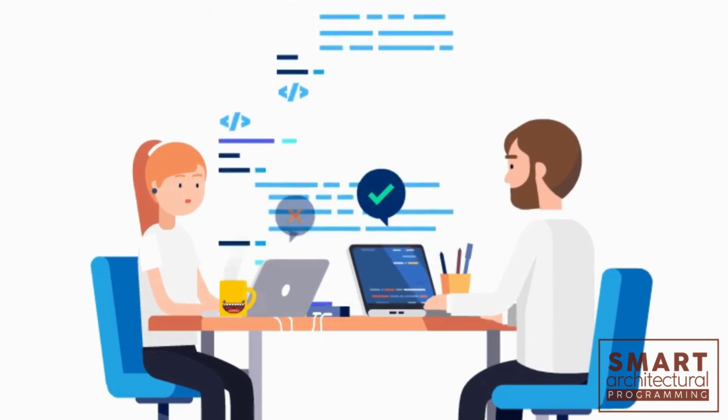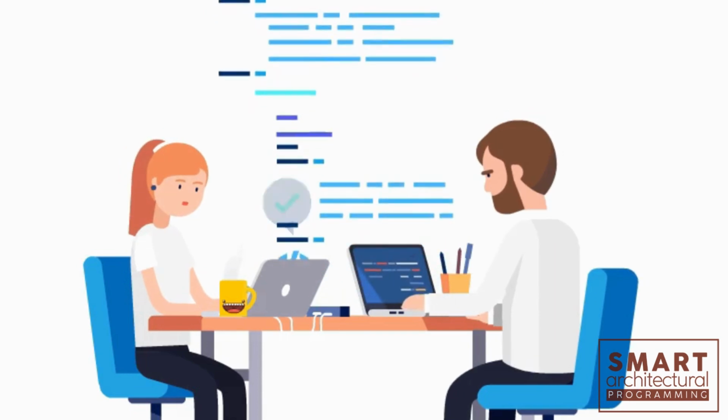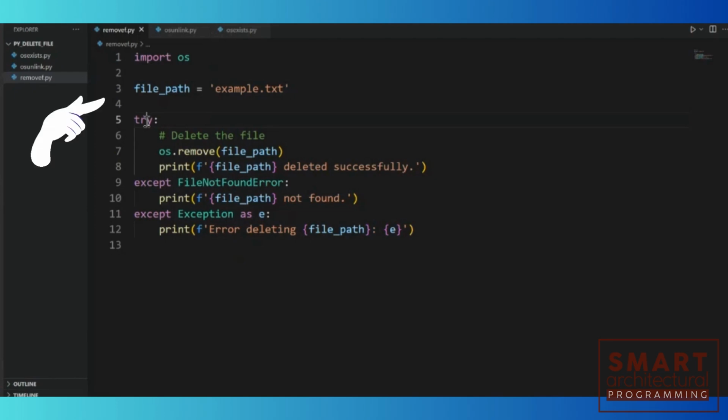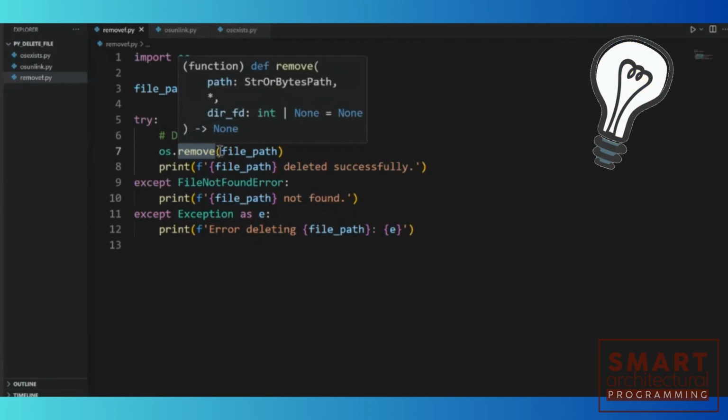But now, because we have a try and except block, it will try running this block of code. On line 7, we use the os.remove method from the OS library, which deletes the file in question, and then on line 8 we print that the file was deleted successfully.